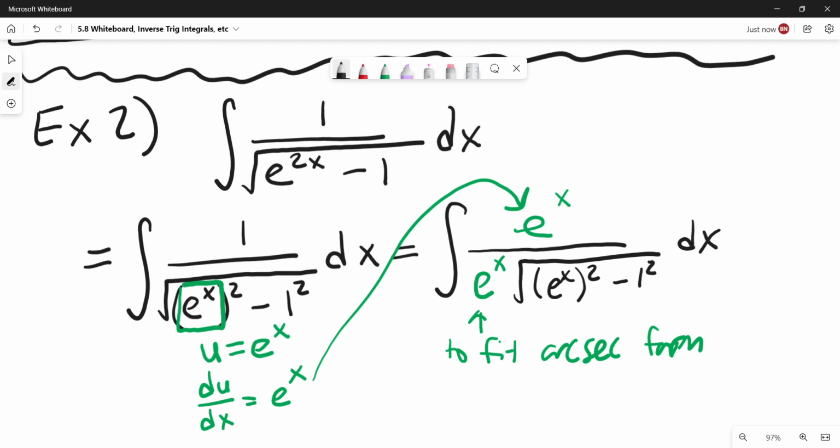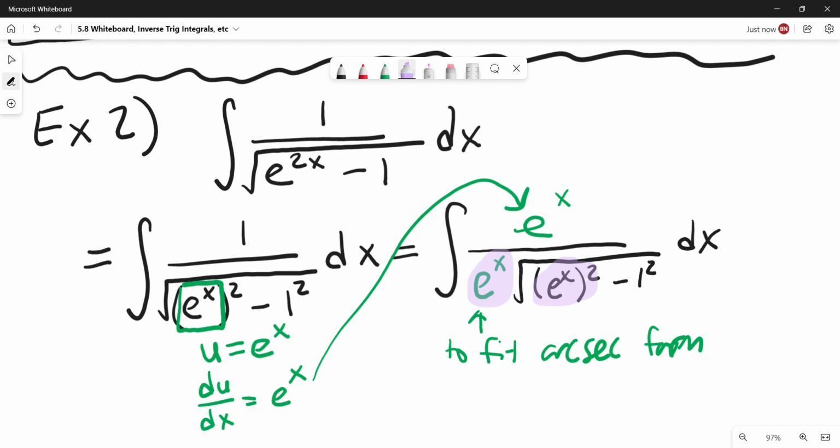Well, look at that. So again, we had two problems. We needed our du dx up top, which was e to the x, and we also needed an extra x, or the book calls it u, here. We needed this here in order to fit the form for arcsecant, and it had to be arcsecant because this expression in terms of x squared was the one in the front, the positive expression under the square root.